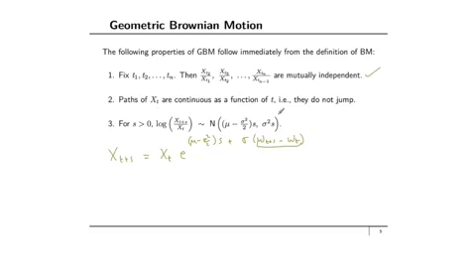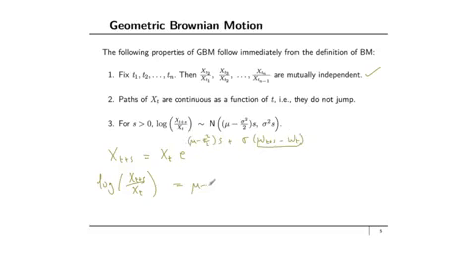They do not jump. The third property states that the log of xt plus s over xt has a normal distribution as follows. And that also follows from equation 10, which I've rewritten here. So I can easily see that the log of xt plus s divided by xt is equal to just this term up here in the exponent.